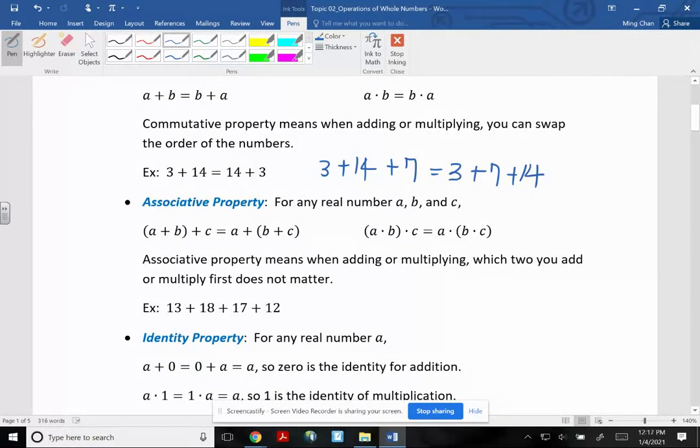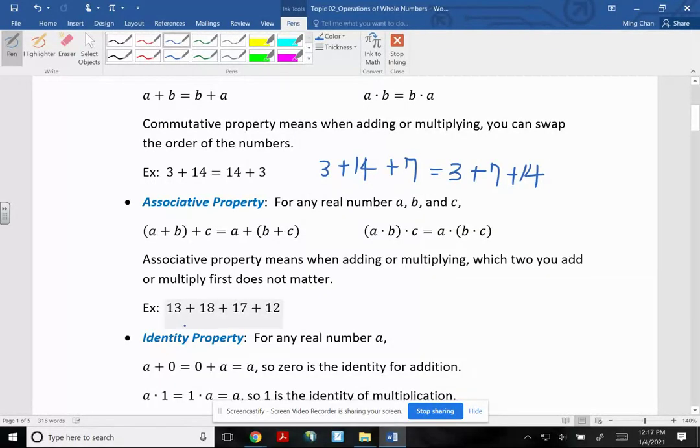Associative property says for any real numbers A, B, and C, if I've got three numbers that need to be added or three numbers that need to be multiplied, we can choose to multiply or add any two numbers first, okay? And then add or multiply the third one. So when adding or multiplying, which two numbers you add or multiply first does not really matter.